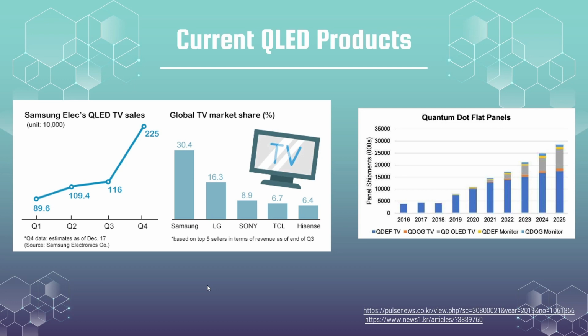According to the industry source by Samsung in 2019, it was estimated to have sold a total of 5.4 million units of QLED TVs in the global market: 896,000 units in the first quarter, 1.09 million units in the second quarter, 1.16 million units in the third quarter, and 2.25 million units in the fourth quarter, which is priced at 77 million won in Korea, equal to 66,000 USD.